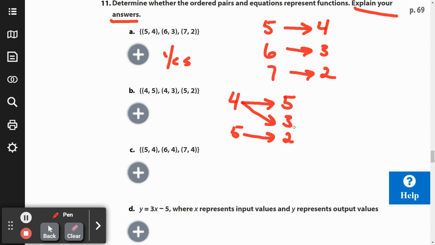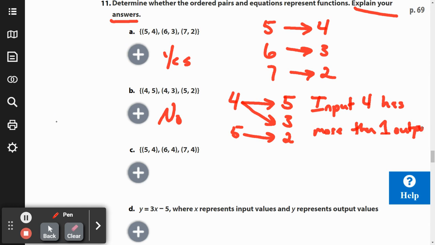I'm still using the definition, but I'm using, I think the term is the conjugate of it. It's the negative, right? You are taking the 4, and so you're going to say no. The answer for this one is no, because the input 4 has more than one output.